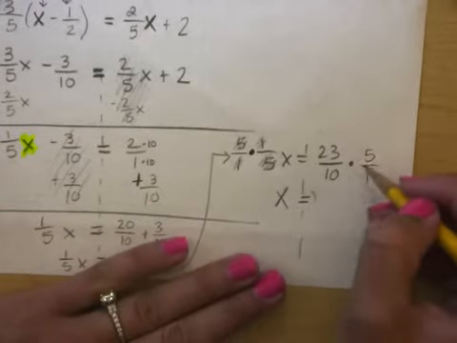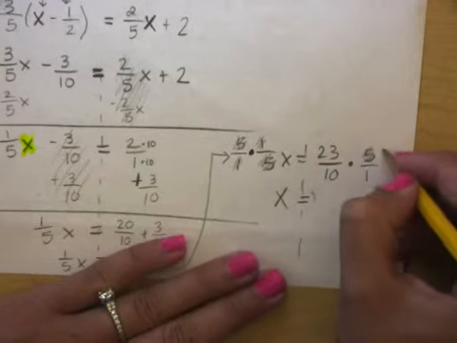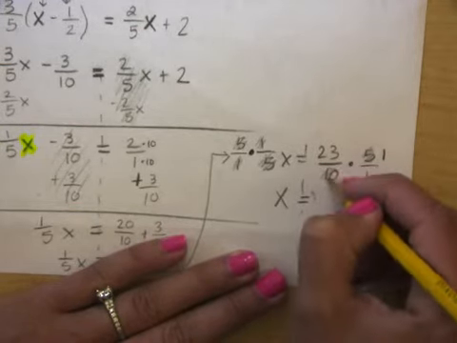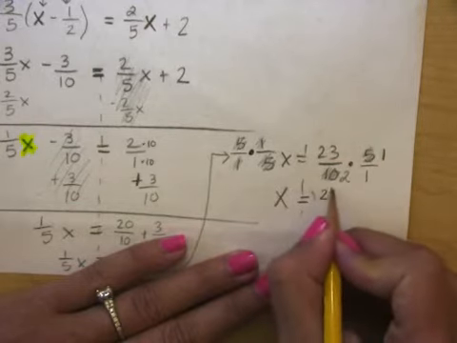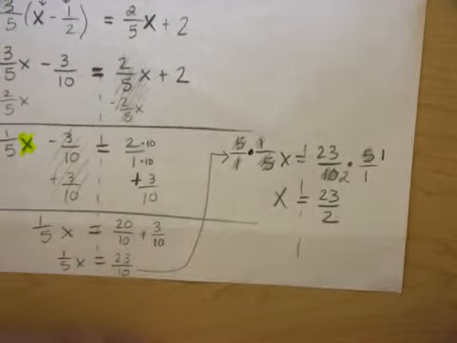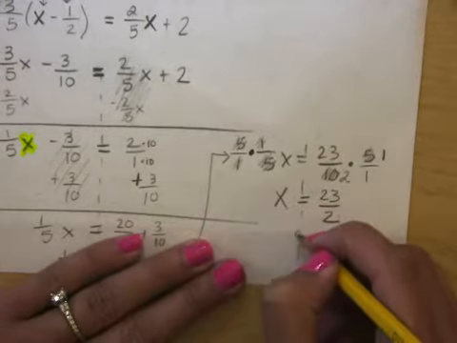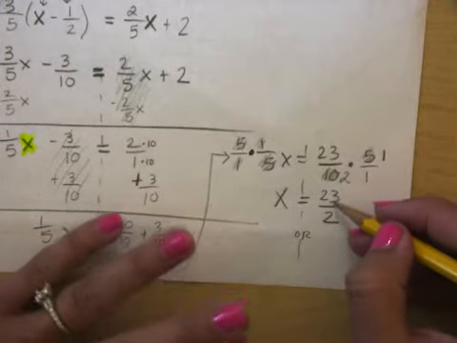Yes, it's multiplication, so no common denominators needed. Cross reduce the 10 and the 5. They can both be divided by 5. So I'm left with 23 times 1 and 2 times 1. So my answer is 23 halves, or if I changed it into a mixed fraction, 2 goes into 23 how many times?